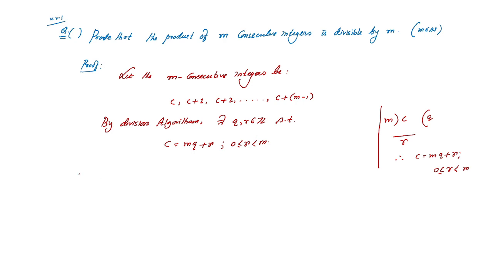Here the remainder is either 0, or 1, up to m minus 1. So these are the possibilities.